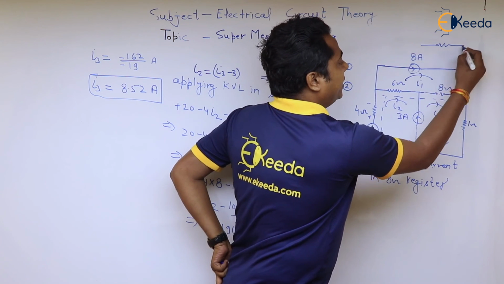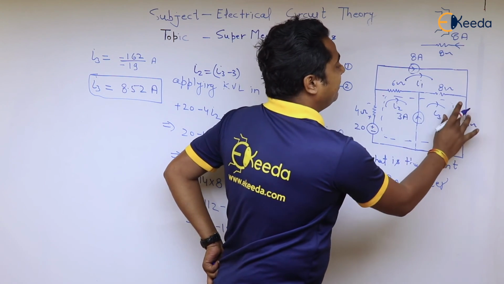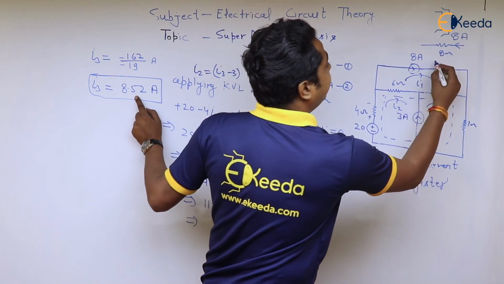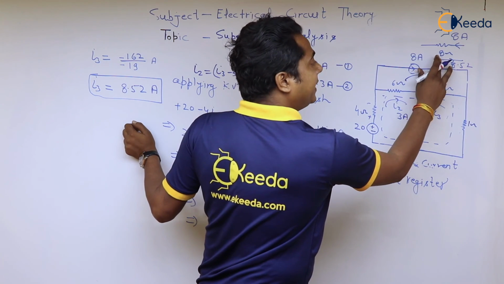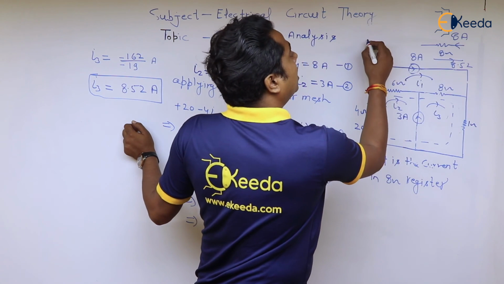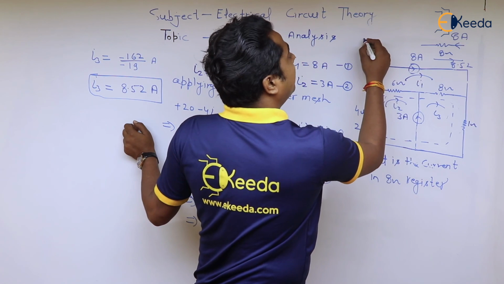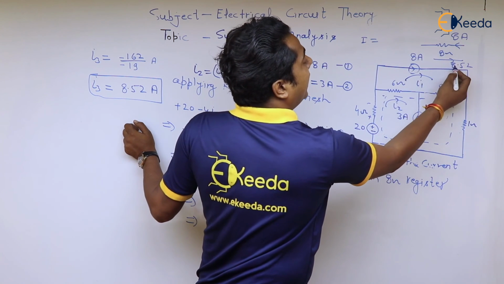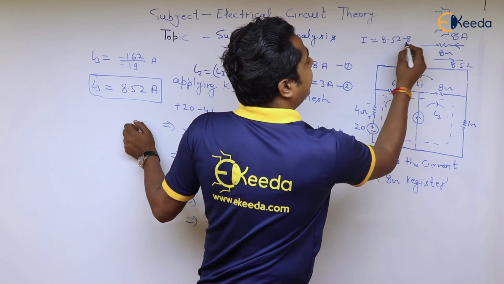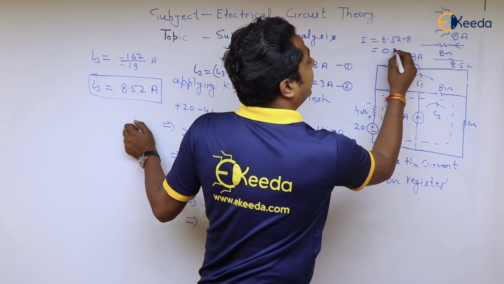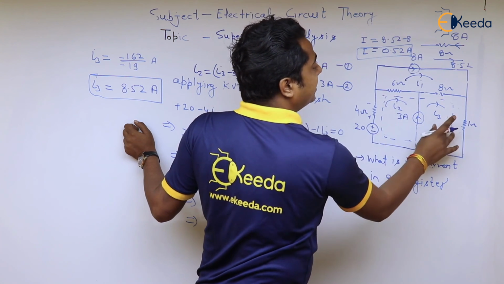If this is a resistor of 8 ohm and 8 ampere is on this side, and the I3 value we have calculated, that is 8.52, on this side. So the value of current in the 8 ohm resistor will be the difference of 8 ampere and 8.52 ampere, and that will come to 8.52 minus 8, that is minus 0.52 ampere, and which side? In the direction of I3.